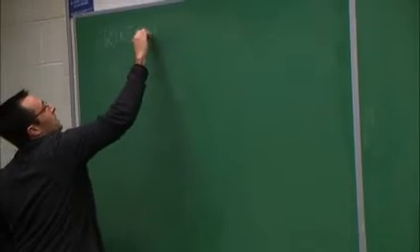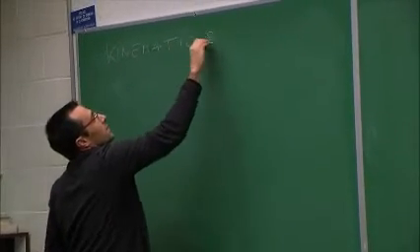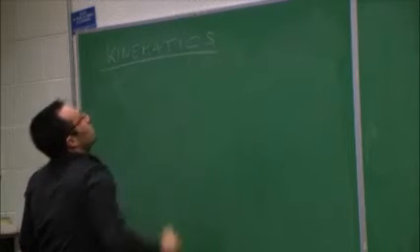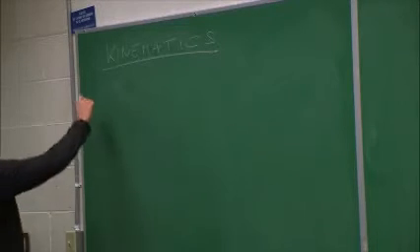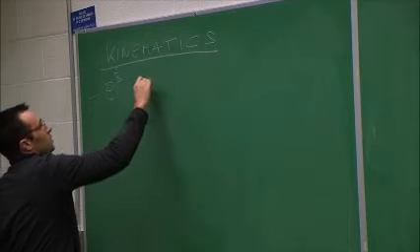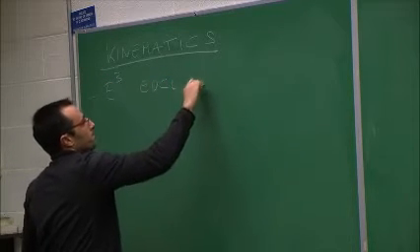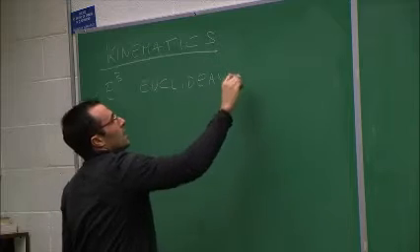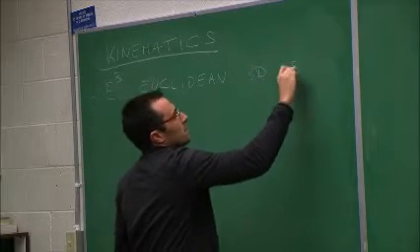Kinematics is a way, it's what we do to represent motion. We don't understand why things happen, but we can represent them. So the ingredients that we need are E3, which we mentioned last time, Euclidean 3D space.